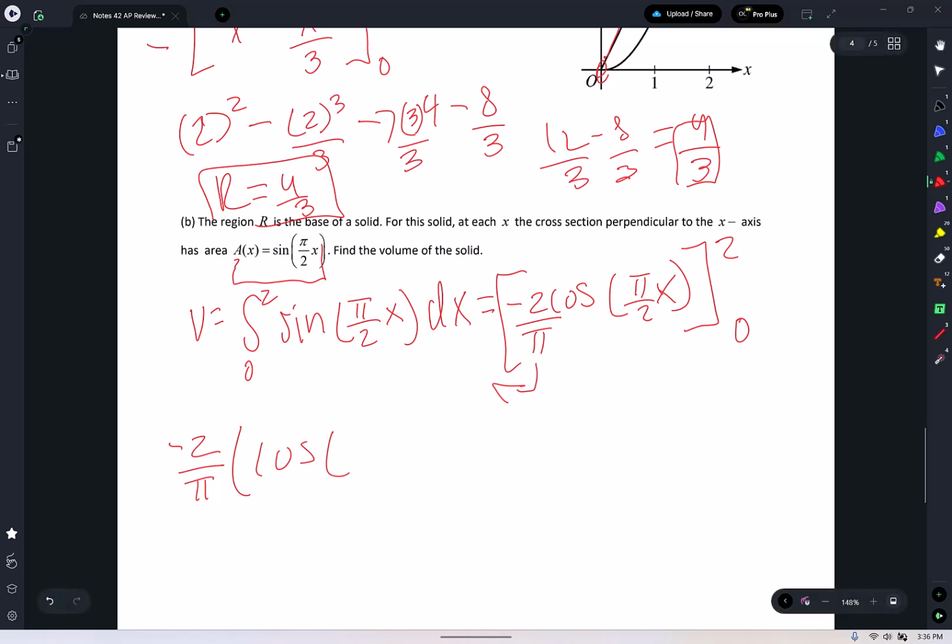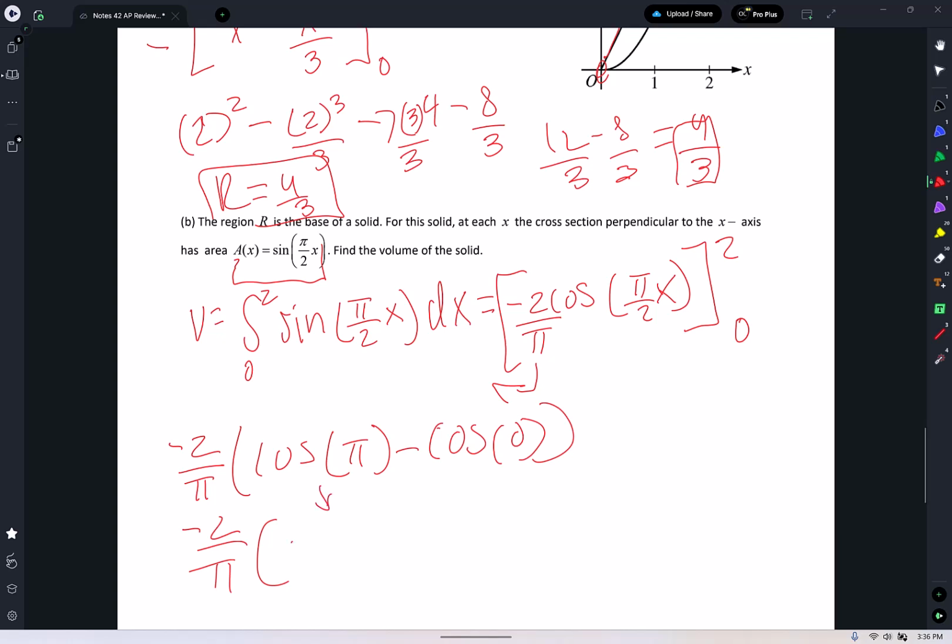We get pi because when we do cosine of 2, the 2's get crossed out. And then for the second one, that's just cosine 0 because anything times 0 is 0. This is negative 1.